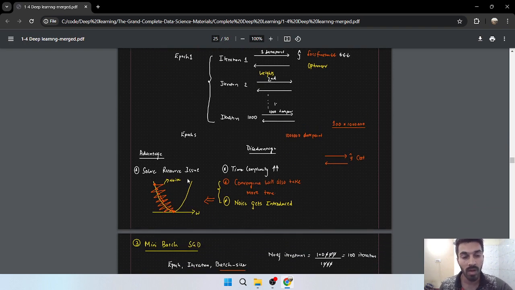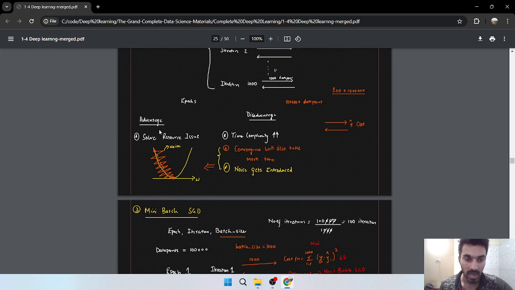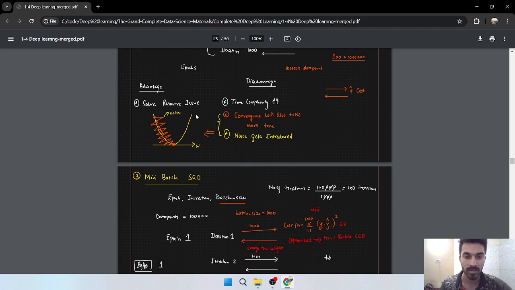So this is a very huge problem related to time complexity. The advantage is that it solves the resource intensity: you no longer need high hardware requirements like CPU or GPU. But the disadvantages are the time complexity, and convergence also takes more time.